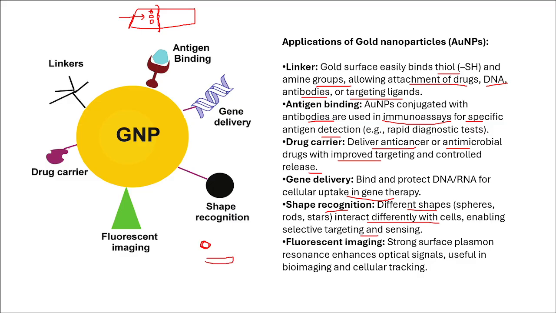There are gold nanorods, there are gold stars. So there are different shapes of gold nanoparticles. And maybe when we discuss more about the surface plasmon resonance or LSPR property, you'll better understand what these different shapes do.